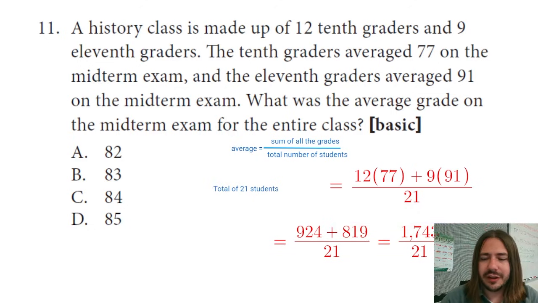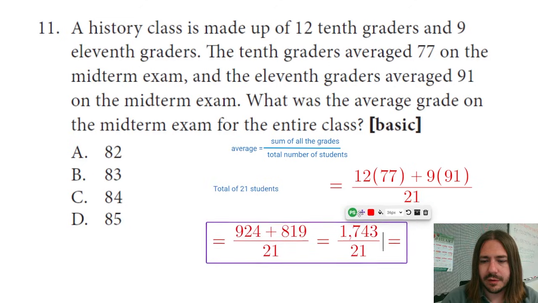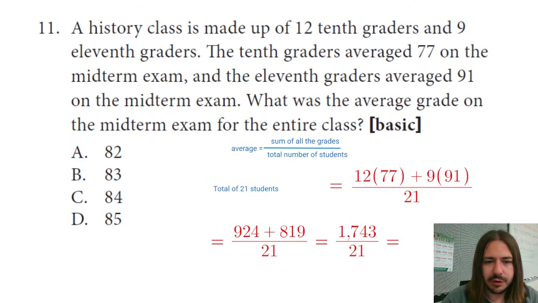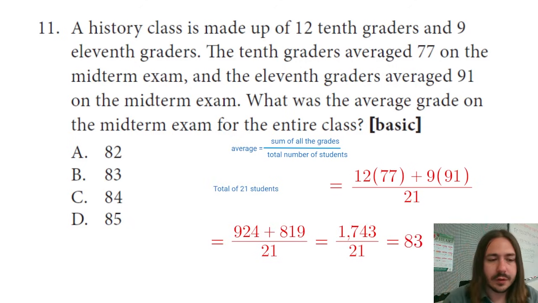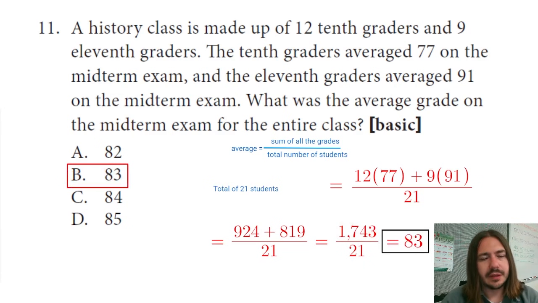Again, you could put all this in your calculator at once. But I'm going to put this in the calculator now. 1,743 divided by 21 is going to give me 83. All right, that's my answer. And I see I do have an 83 answer choice, so that makes me feel pretty good about my answer. It's answer choice B. That's it for number 11.